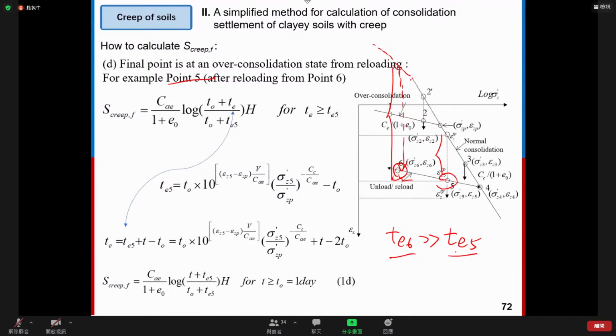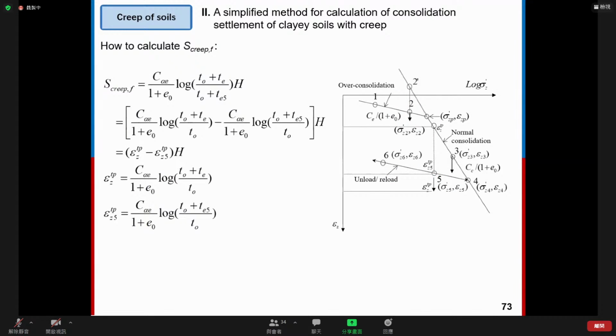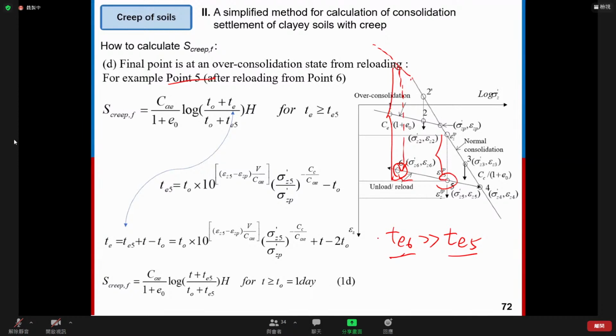We can expect that. Okay, so in the last tutorial, we went through one example, right? And we already saw that sometimes the TE6, the equivalent time, can be a very large number, okay?